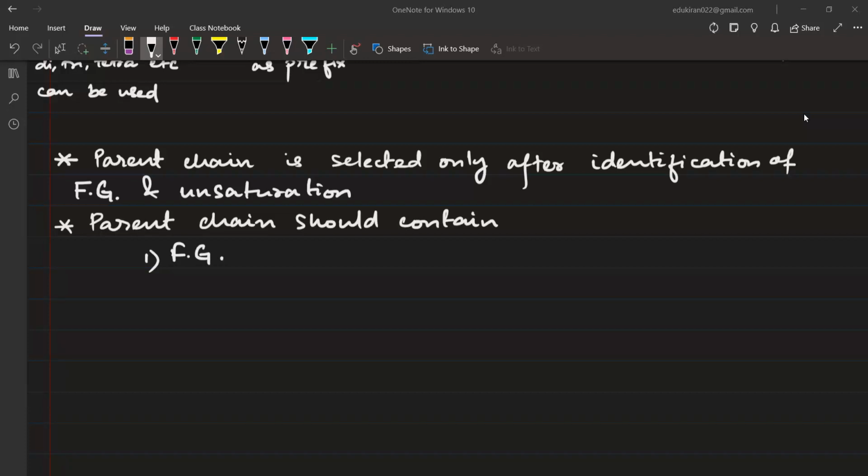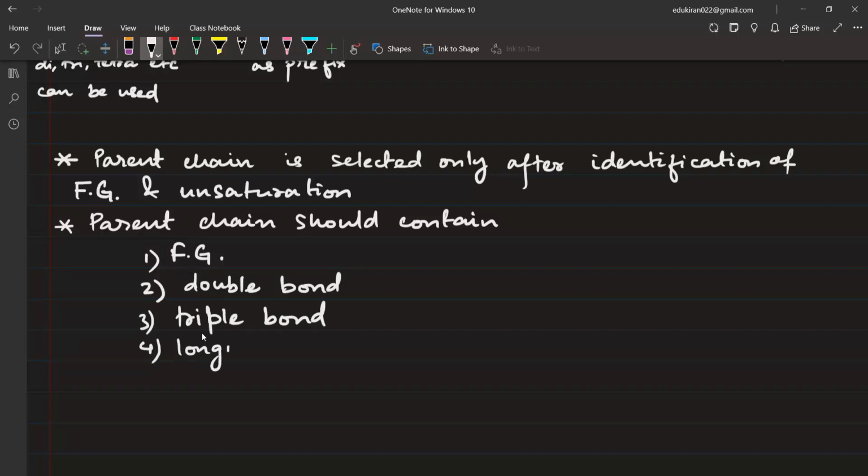If there is no functional group, or even if there is a functional group, then it should also contain double bond if any. अगर डबल बॉन्ड है तो डबल बॉन्ड भी उसके अंदर रहना चाहिए, अगर ट्रिपल बॉन्ड है तो ट्रिपल बॉन्ड भी उसके अंदर रहना चाहिए. If you have a triple bond in the compound, then triple bond should also be there. If ये सारी चीजें खत्म हो जाए, सब में टाई आ जाए, तो फोर्थ वाला लास्ट वाला क्या है? लॉन्गेस्ट कार्बन चेन.